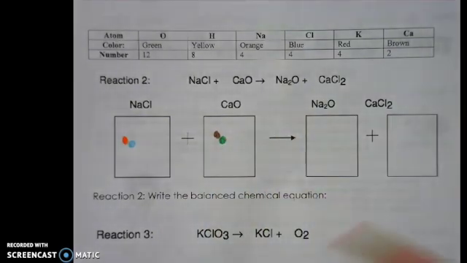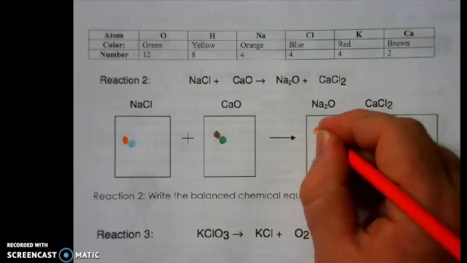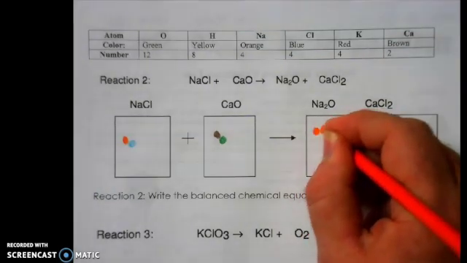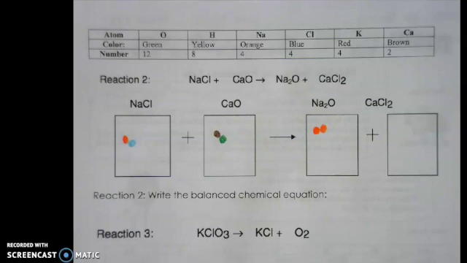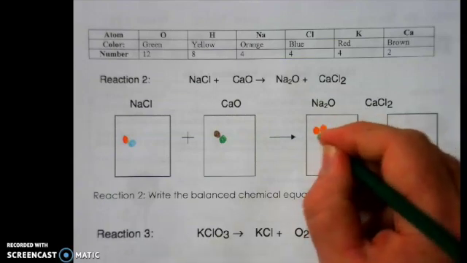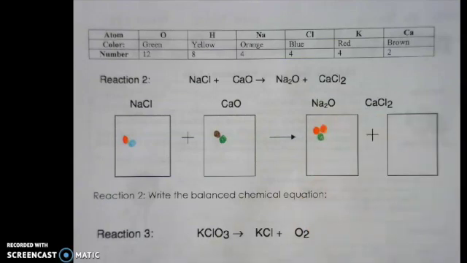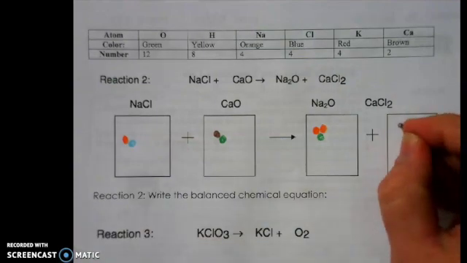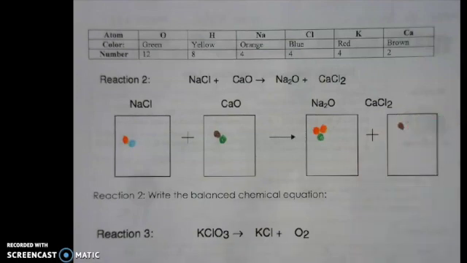Over here, we're going to end up with 2 sodiums and an oxygen. And then we're going to end up with 1 calcium with 2 chlorines.